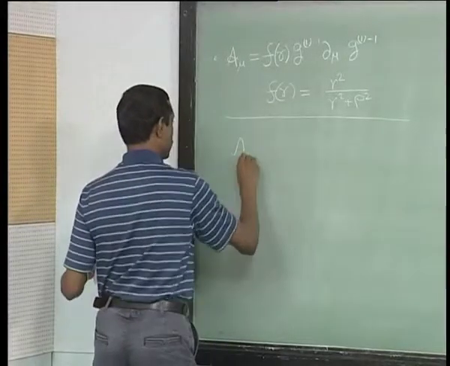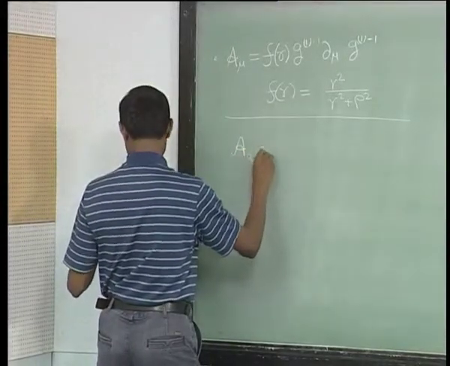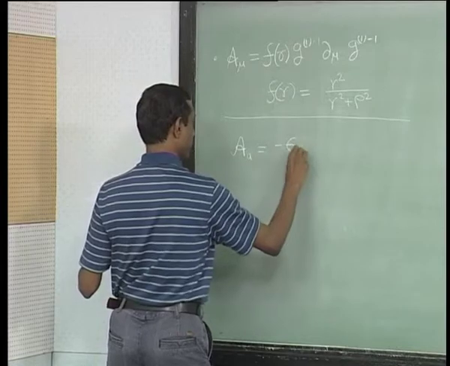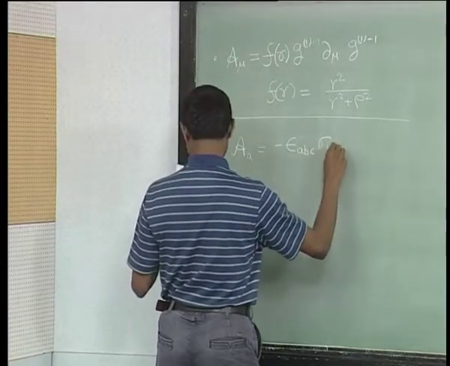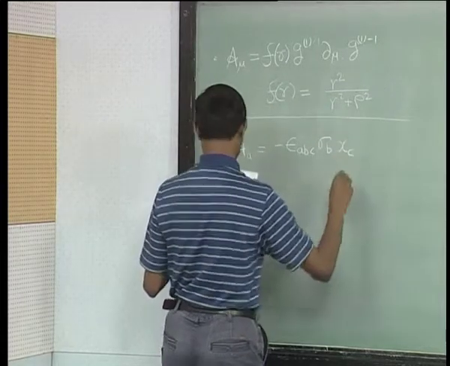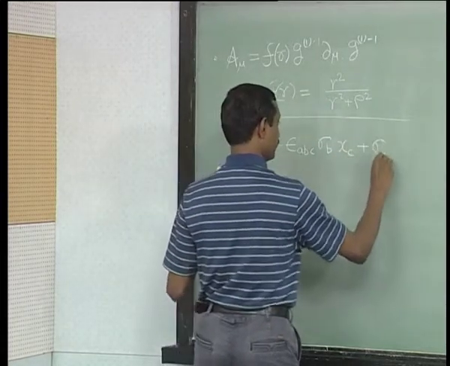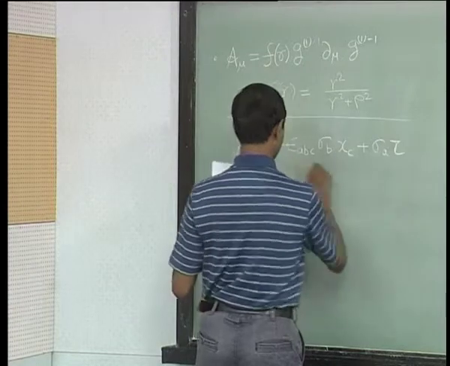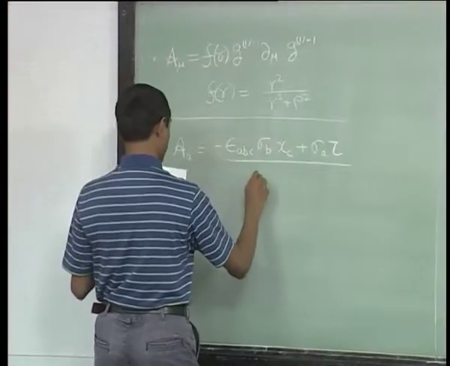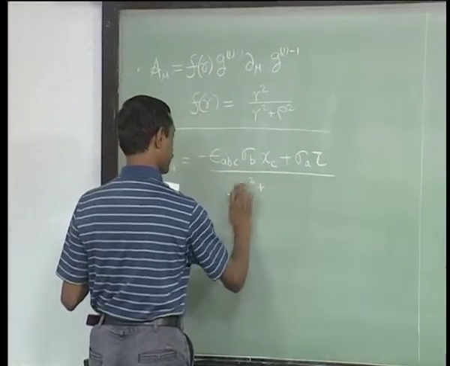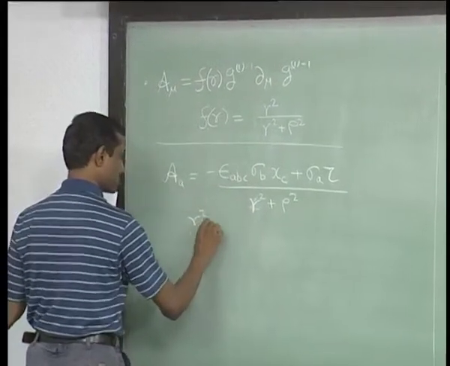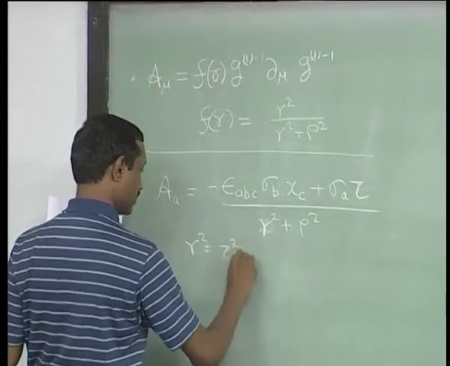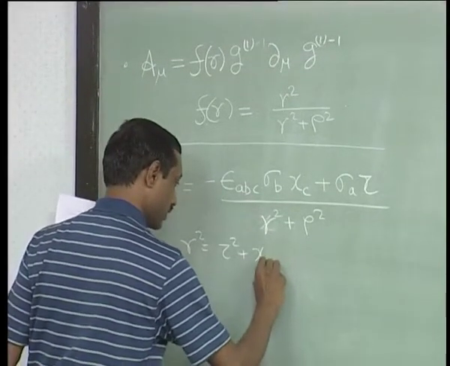If you look at what this looks like, where r square was just tau square plus x a x a.